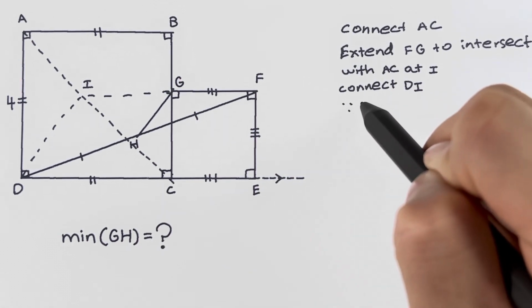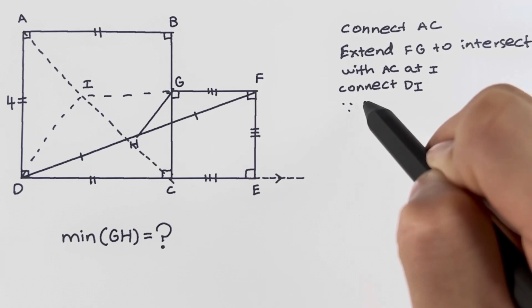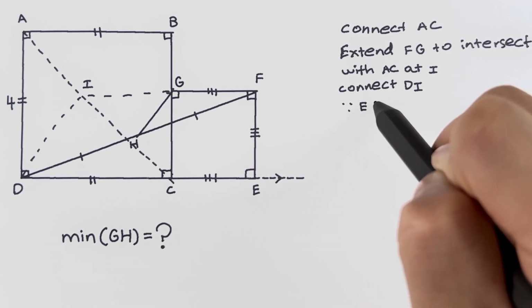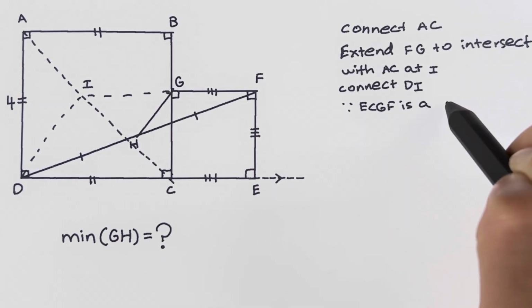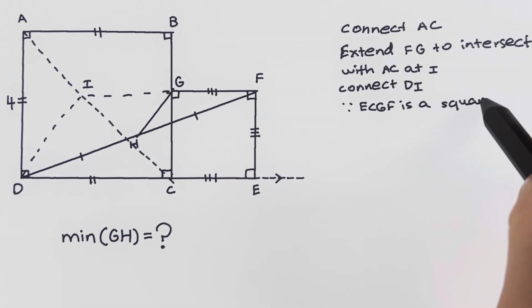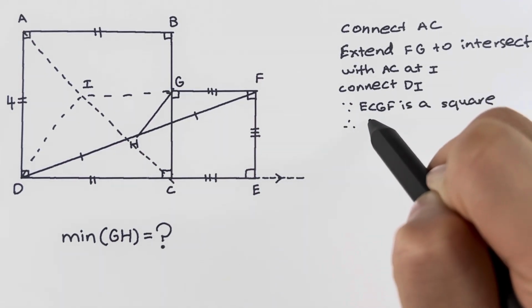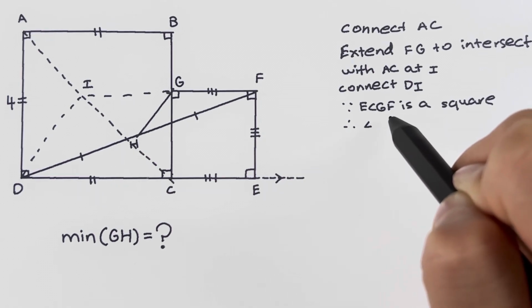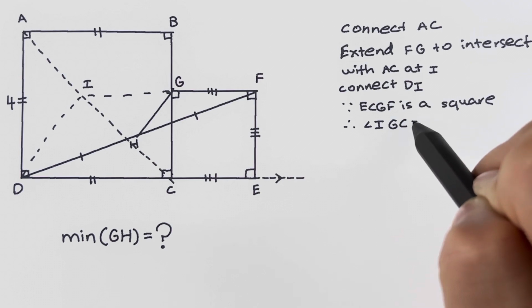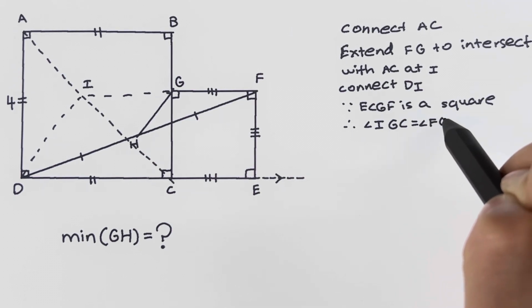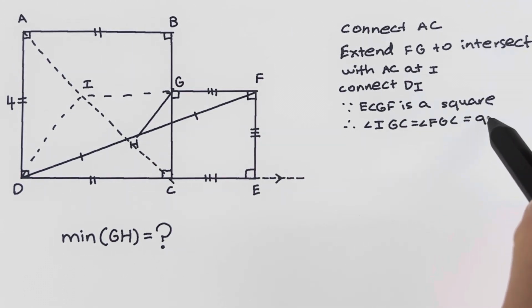First of all, since ECGF is a square, angle IGC equals to angle FGC equals to 90 degrees.